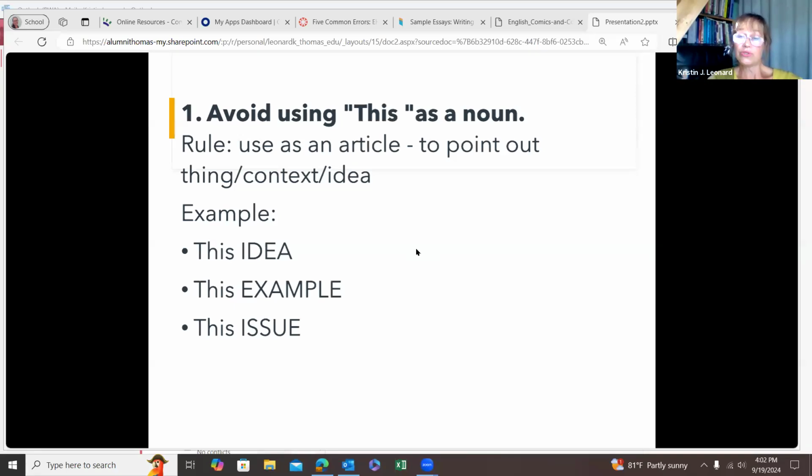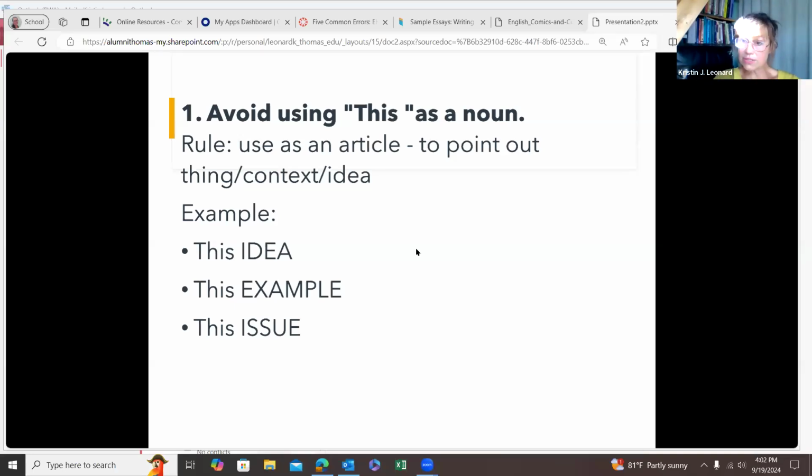If you want to use this to point out, then that's fine. This idea or this strategy is wrong. This approach is wrong.